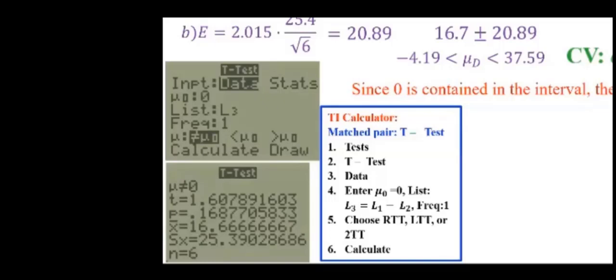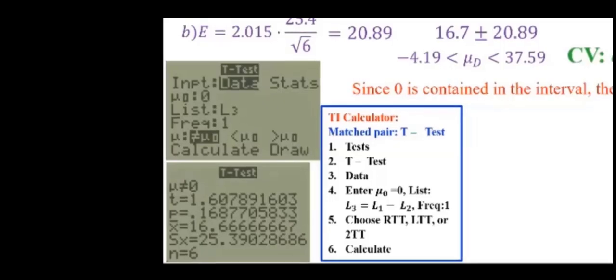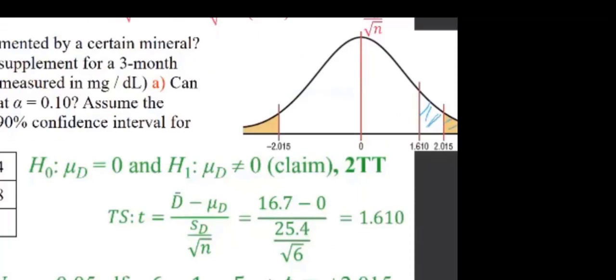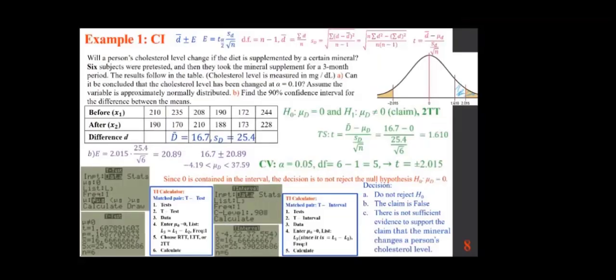The p-value would be the area to the right of 1.610, times 2. And we have the result for the confidence interval also. We use the t-interval to do that.